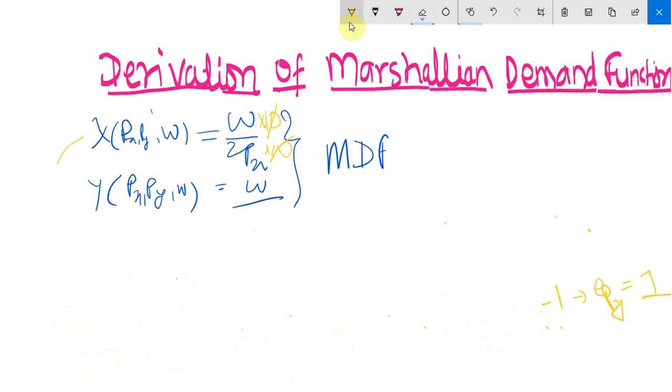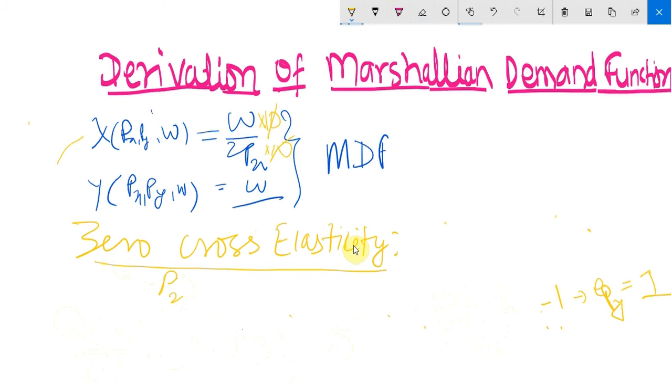So zero cross elasticity implies that if price of x changes, there is no effect on quantity of y, and if price of y changes, there is no effect on quantity of x.